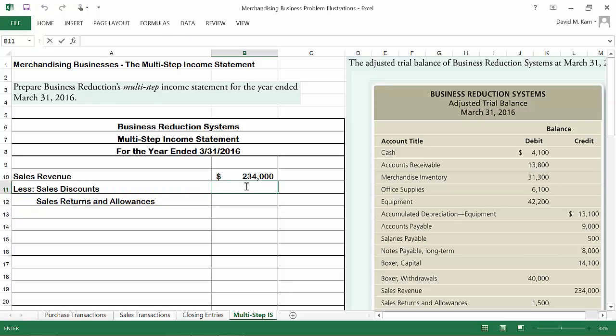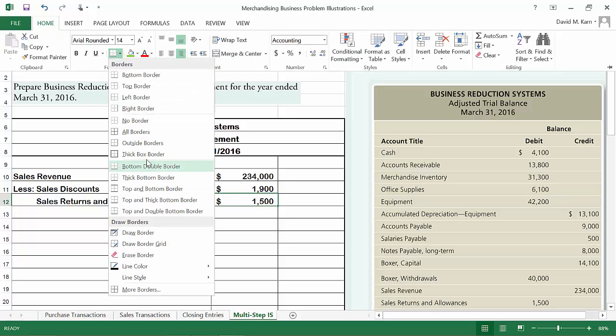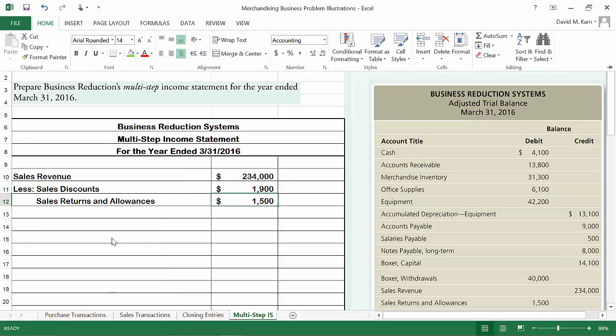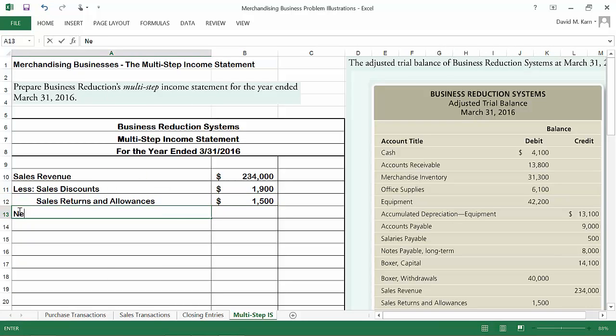Okay, so now we will subtract these two things, 1,900. Subtract out 1,500 here, and we would total this up. So we know that our net sales revenue comes out to be $230,600. Okay, so there's the first step of our multi-step income statement, finding net sales.